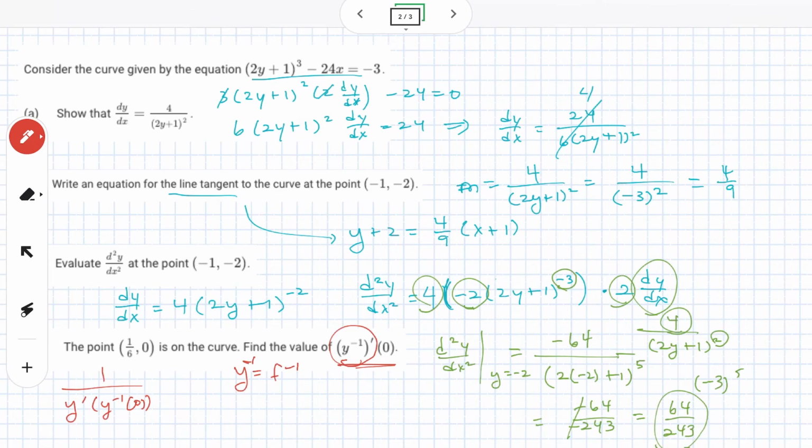That's basically like saying f inverse, so it's just f inverse of 0. Okay, so first, the y inverse of 0 would be 1/6. So that's equal to 1 over y prime of 1/6.